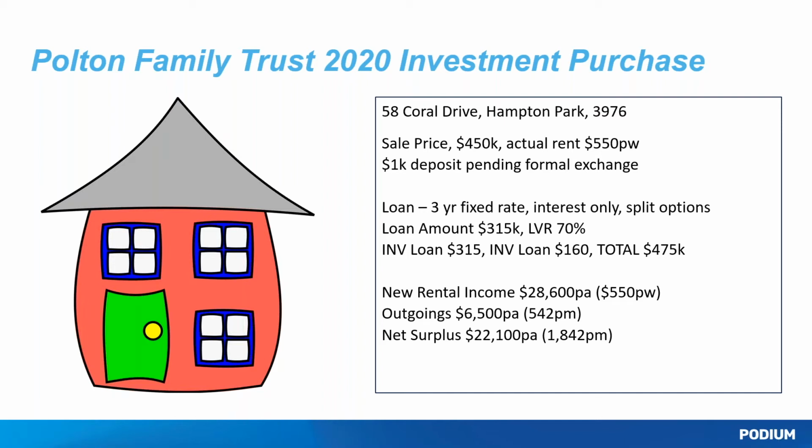So we're looking at a new rental income, broken down to $550 per week. Outgoings, $542 per month. So there's a net surplus of about $1,800. So in the background, Steve and Linda have reached out to their accountant, that's Steve's dad, Lawrence, and they've talked about this property and its potential earnings.